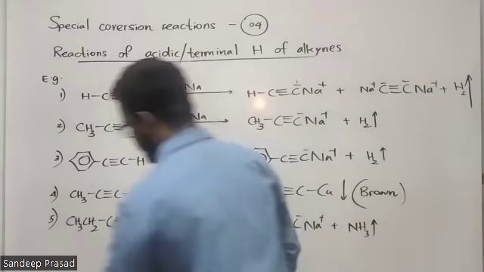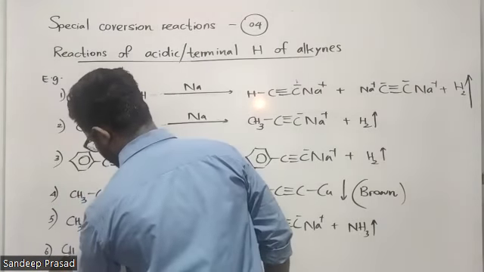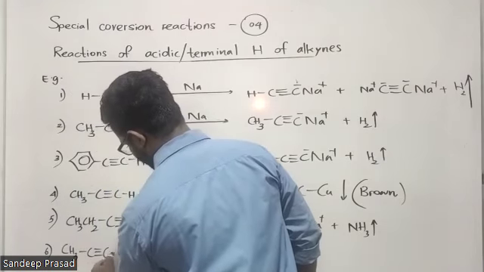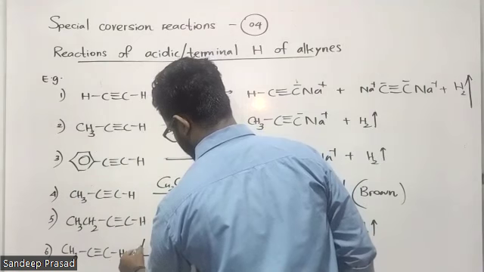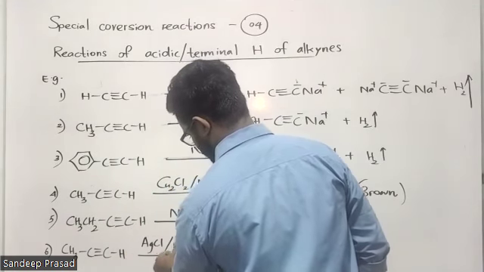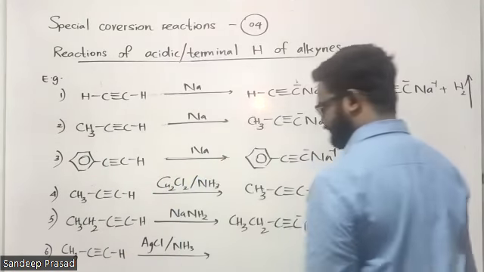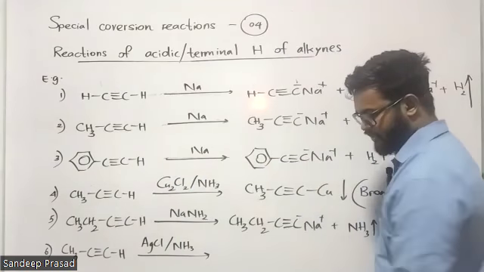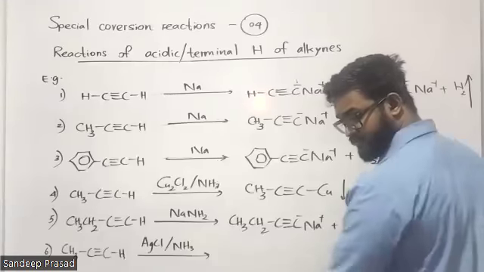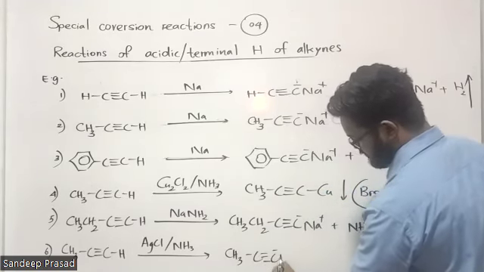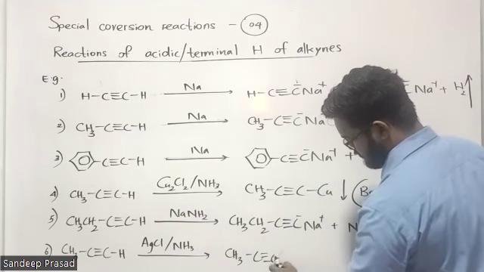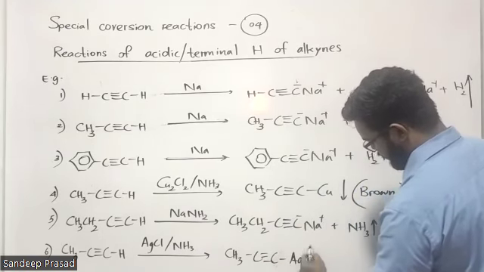Right? So let me consider another example with diamine silver. Silver chloride with ammonia producing diamine silver, right? And then it is giving us, so this is a white color precipitate.